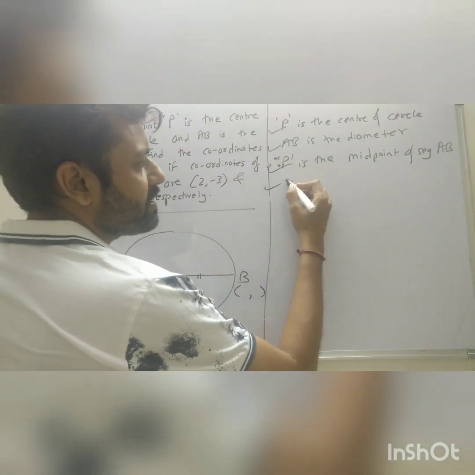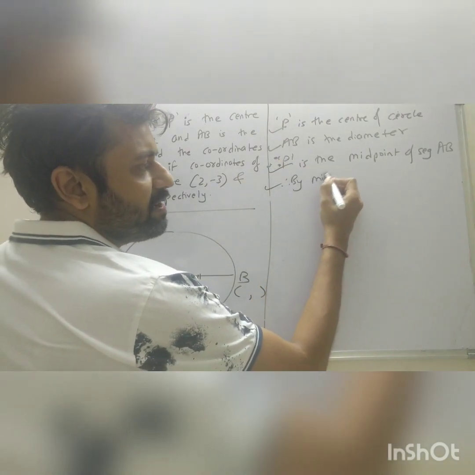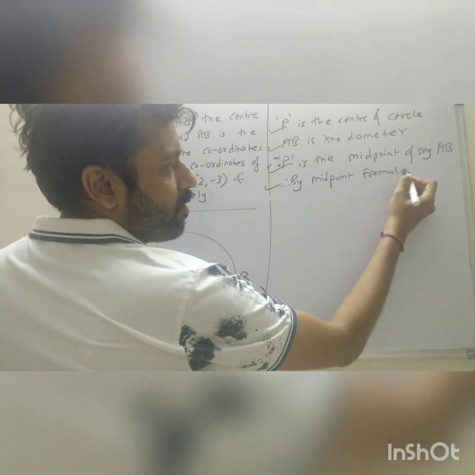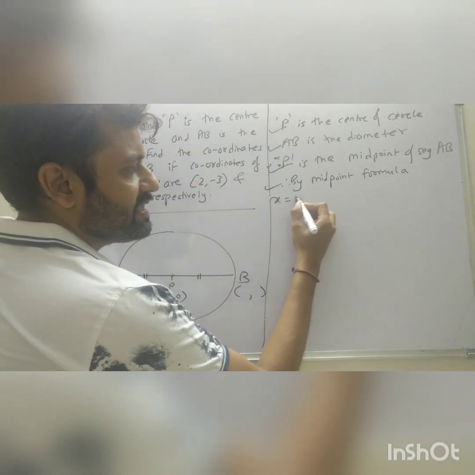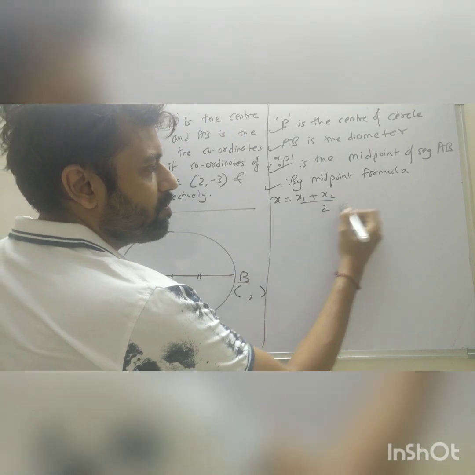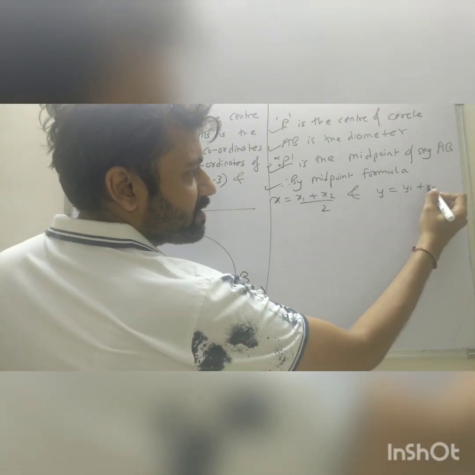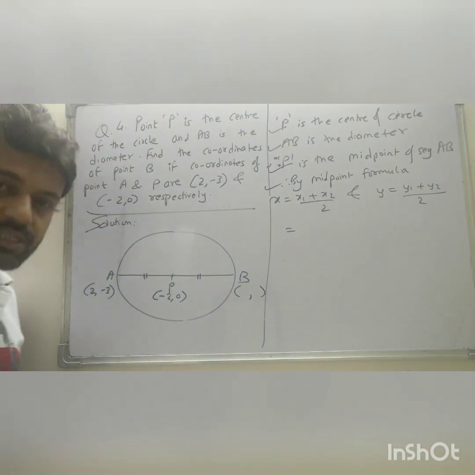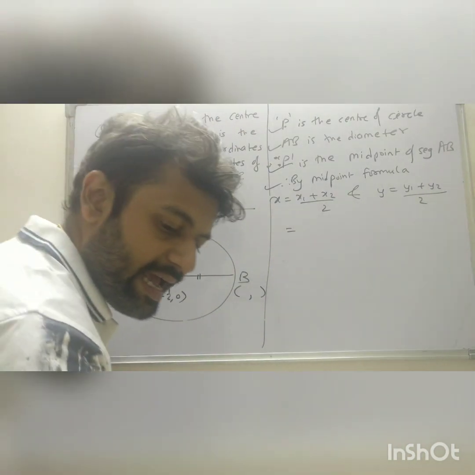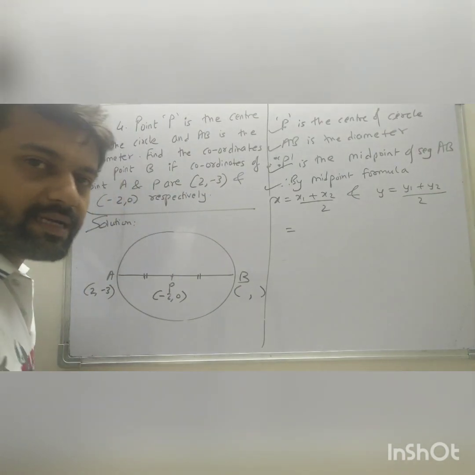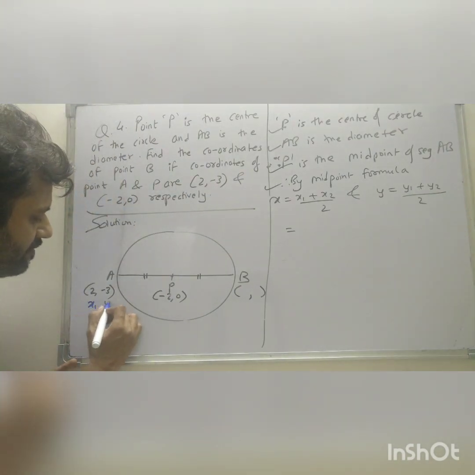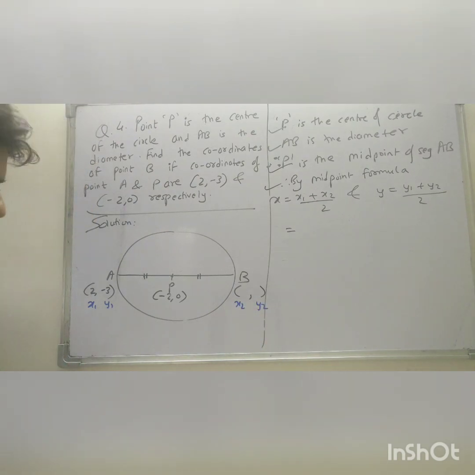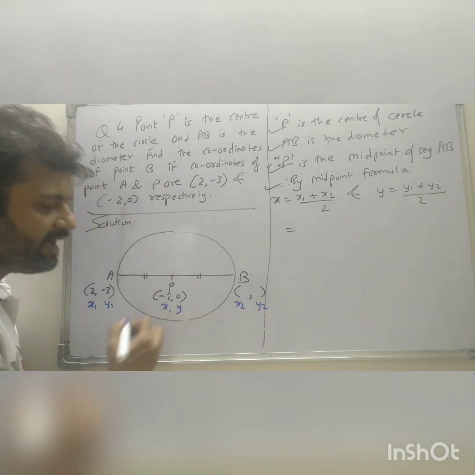Once it is the midpoint, we can immediately write by midpoint formula: x is equal to x1 plus x2 upon 2 and y is equal to y1 plus y2 upon 2. Well, students, the extremes of the segment are denoted by x1, y1, x2, y2, and the midpoint is denoted by x comma y.